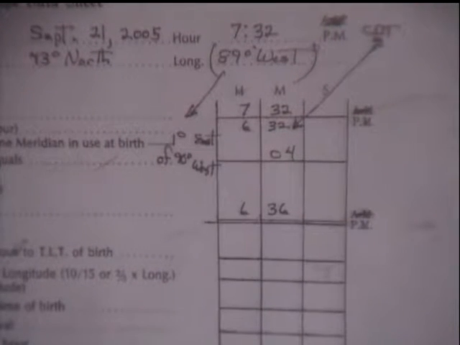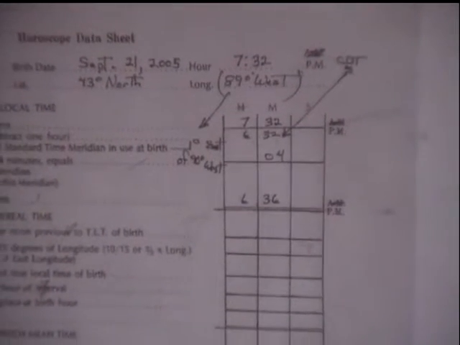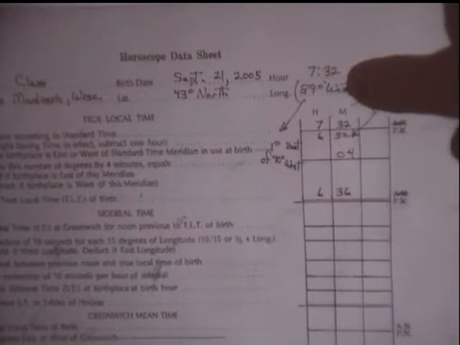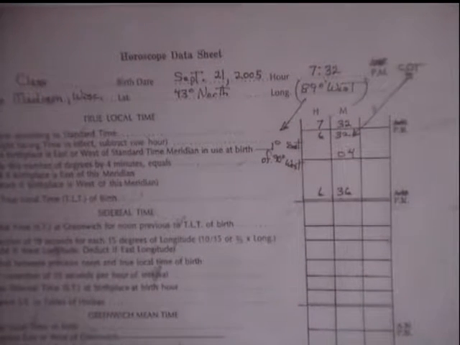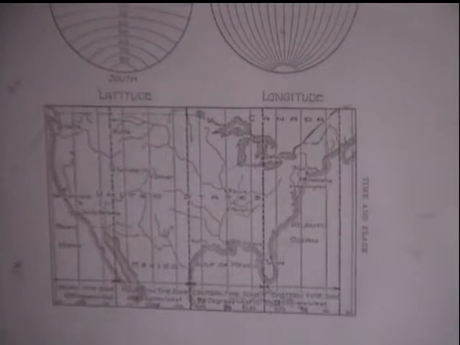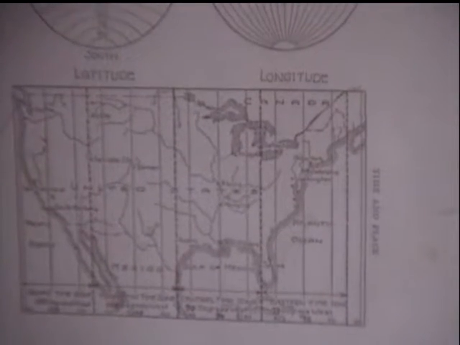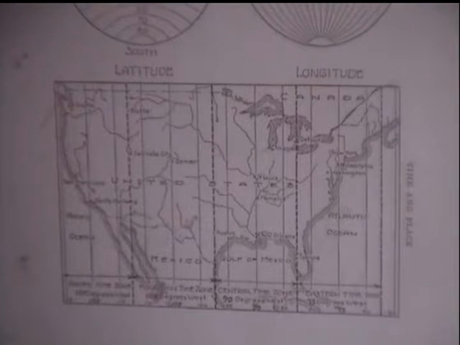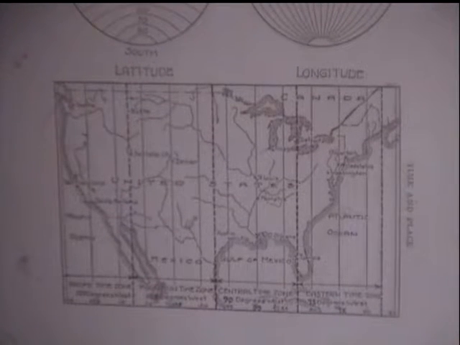Then the calculation sheet says the degrees east or west of the standard meridian at birth. And so we take the 89, which is our place of birth, and the standard meridian. If you look at a time zone map, the standard meridian is 90.